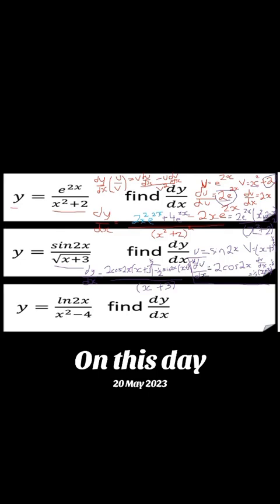The bottom, because if you square v, the square root and the square cancel out, hence I'm just left with x plus 3 on the bottom, all of it to the power of 1, but I don't need to bother with that power of 1. So that's my answer for that one.